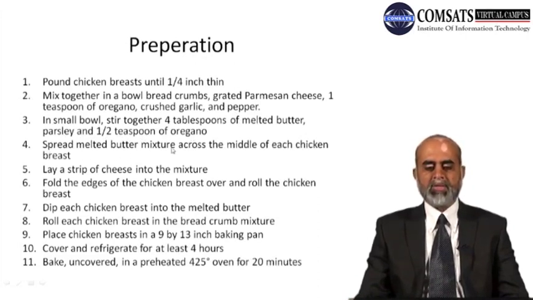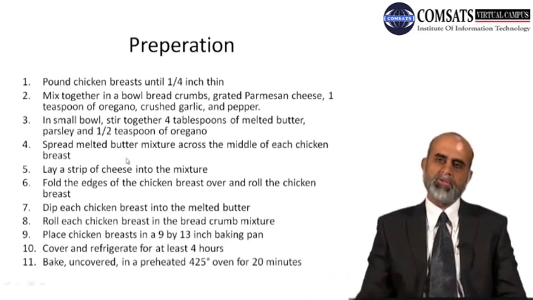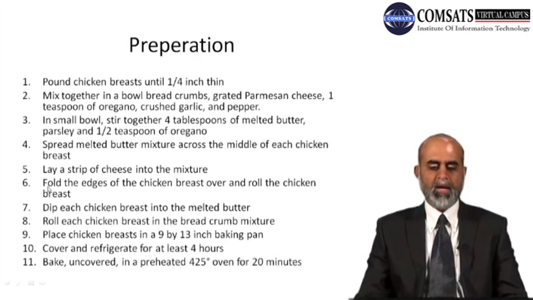Spread melted butter mixture across the middle of each chicken breast. Lay a strip of cheese into the mixture. You remember the strip of cheese that we have? 4 ounces of cheese, any hard cheese would do. Fold the edges of the chicken breast over and roll the chicken breast.